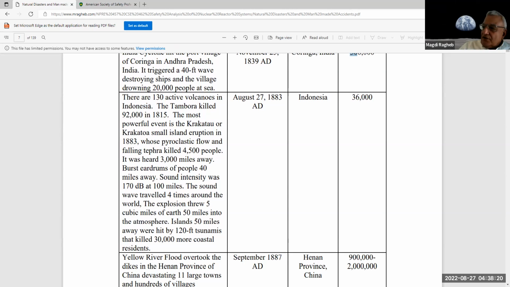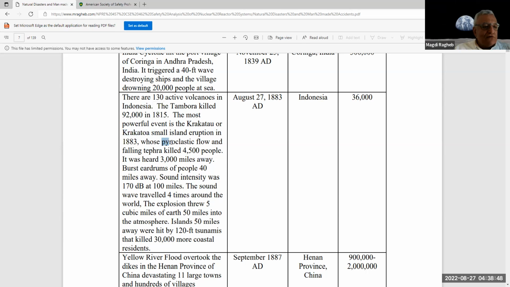Indonesia is part of the tectonic plate of what people call the ring of fire around the Pacific Ocean, where the tectonic plates are rubbing against each other. And in that case, in Indonesia, other volcanoes, the Krakatau, or some people call it Krakatoa, a small island, totally disappeared.